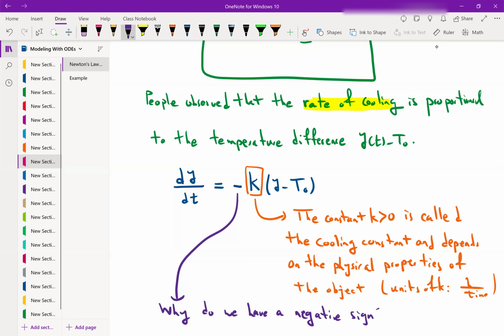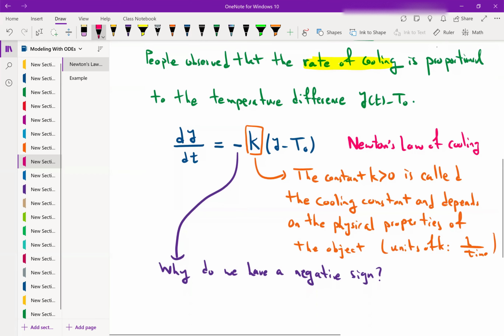Folks, before explaining that, this equation, which describes the rate of change in the temperature of our object in the room, is sometimes referred to as Newton's law of cooling. It's known as Newton's law of cooling, which actually makes perfect sense. Now, why do we have this negative sign?